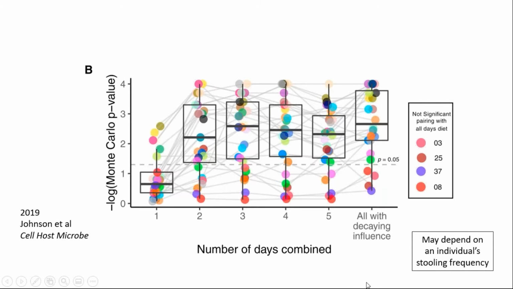They did mention that this might depend on an individual's stooling frequency. So if an individual is fairly constipated and not stooling very frequently, on the order of every 3 to 4 days, you might need a longer period of diet data.